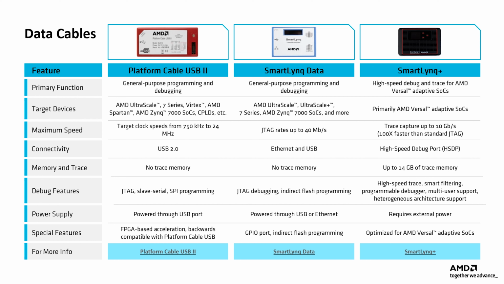This is designed specifically for high-speed debugging and tracing in Versal adaptive SoCs. It offers exceptional trace capture speeds up to 10 gigabits per second, making it 100 times faster than standard JTAG. Connectivity is provided through the High-Speed Debug Port, HSDP.